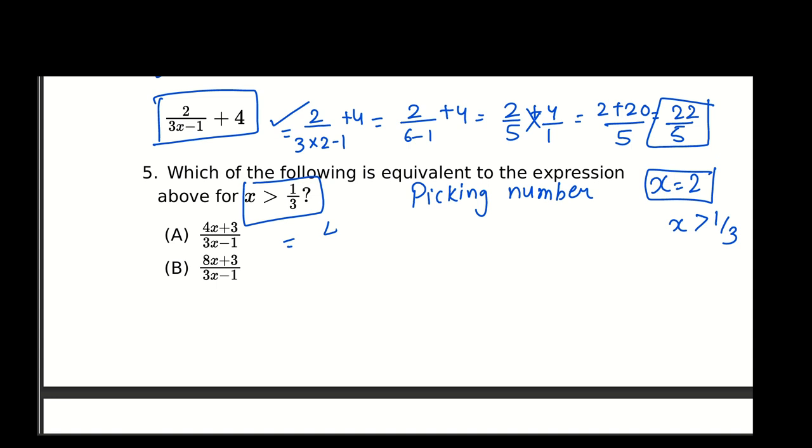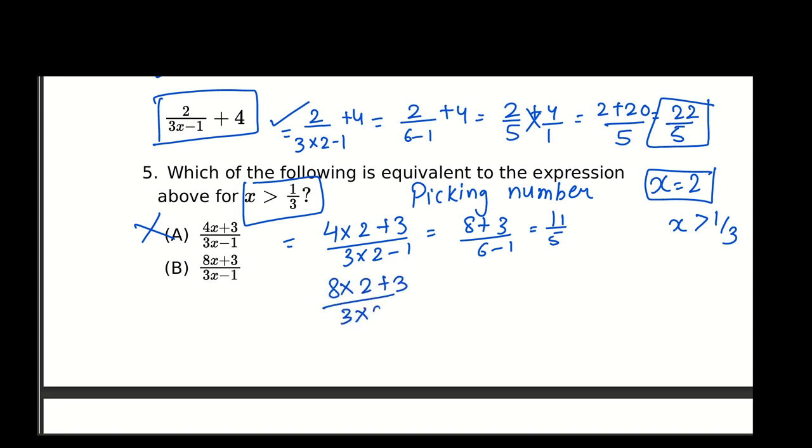So in the very first option, 8 plus 3, 6 minus 1, that is 11 by 5. This option is not correct. 8 by 2 plus 3, 3 multiplied by 2 minus 1, 16 plus 3, 19. No, this option is also not correct.